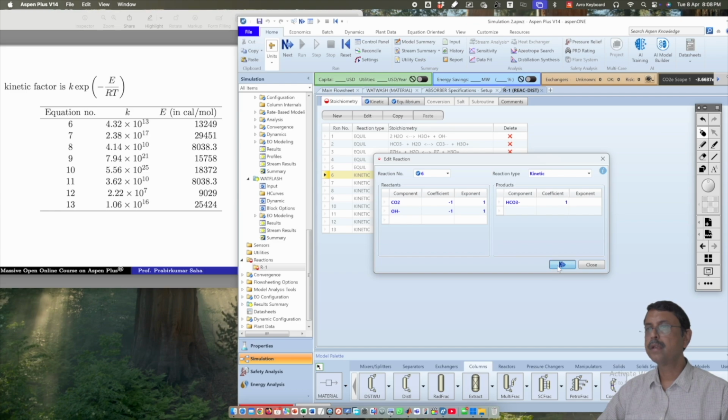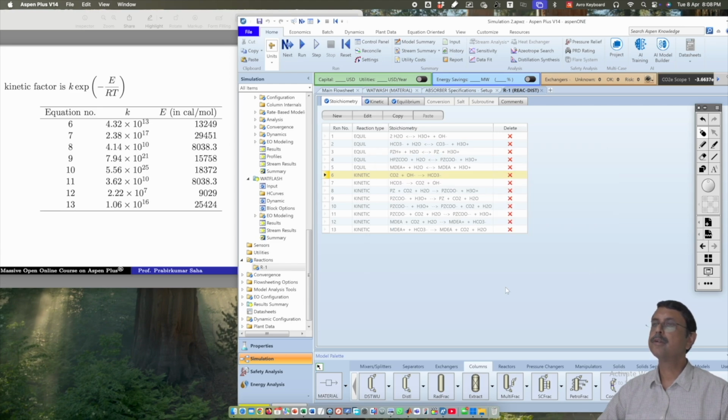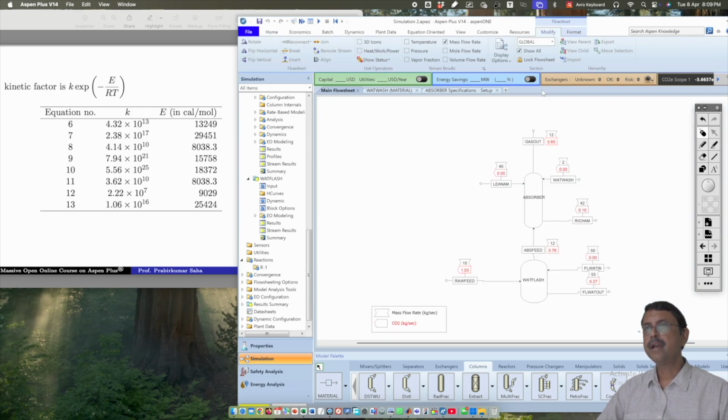We have forgotten to put 0 over here, right? And that is the problem it is giving. Okay, now it is okay. Okay, so we have painstakingly added the information on the reaction. Now we can use the reaction and see the changes. Okay, so right now nothing is being absorbed in amine.